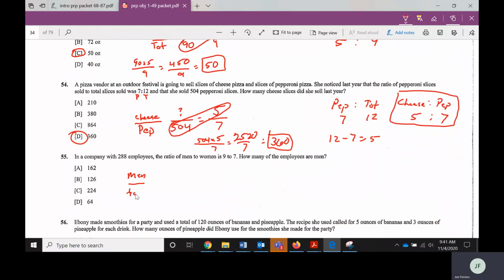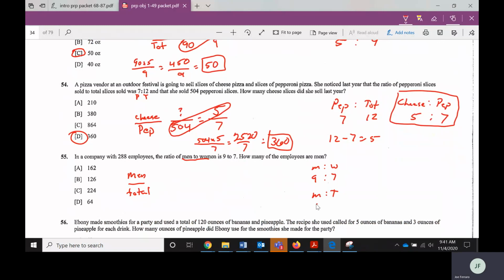So that's a total number. That doesn't distinguish men and women. They're saying we have 288. How many are men? Okay, so this here was men to women, which was 9 to 7. Well, we don't want men to women. We want men to total.